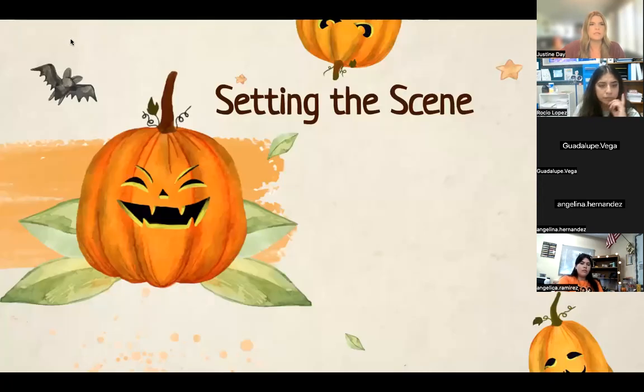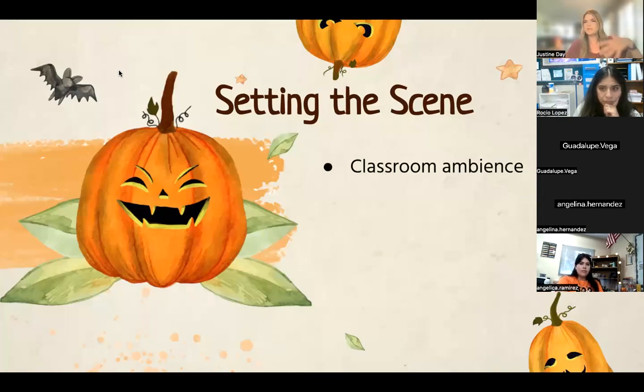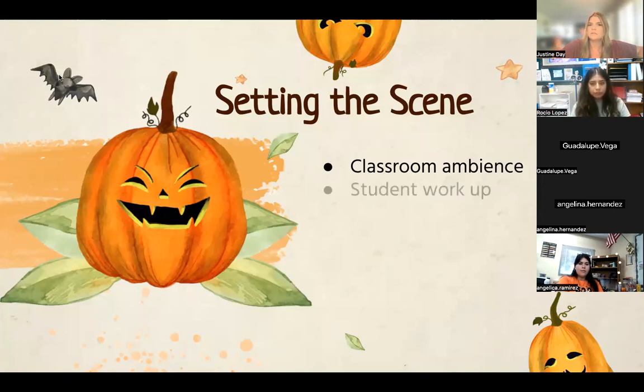Okay, so, setting the scene. This is pretty self-explanatory, but having a good classroom ambience: a clean classroom, the kids cleaning their desks before conferences, and just making sure things are picked up and tidy. Have some student work up on the walls, so that the parents can see some of the things that the kids are doing. The kids like to show them some stuff in the room.